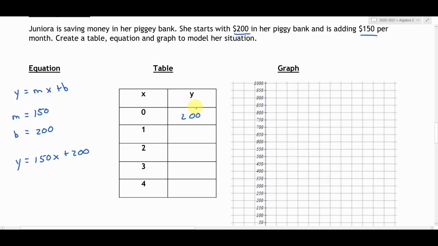So I know when I put a 0 in, I get a 200 out. And then I would do the same thing for each of these inputs. I would then go plug in a 1, see what I get. Plug in a 2, see what I can get. Okay, so I'm going to fill in those values, right? And this is what you should get.